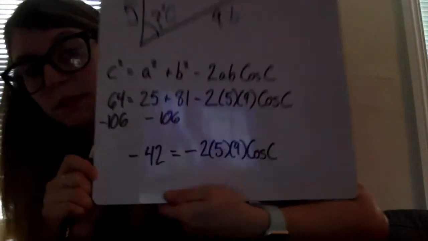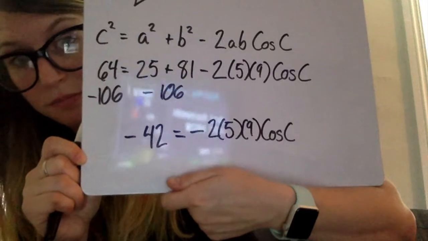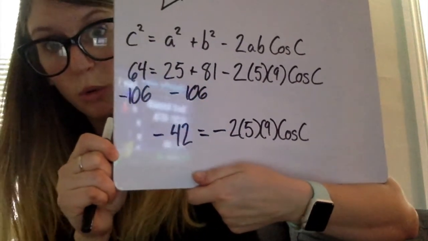And that gives me negative 42 equals negative 2 times 5 times 9 cosine C.